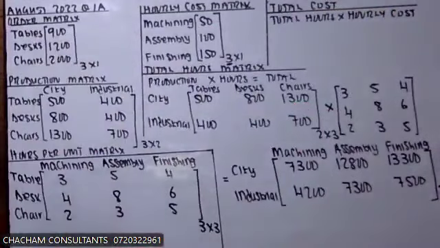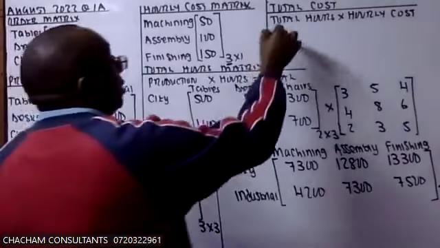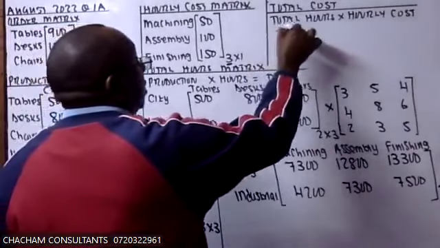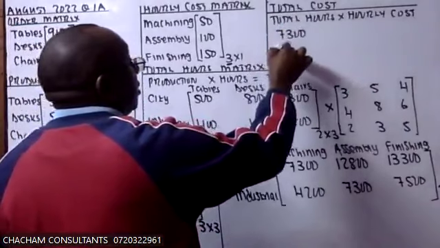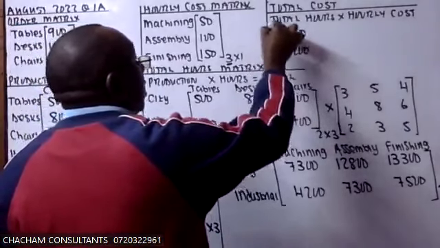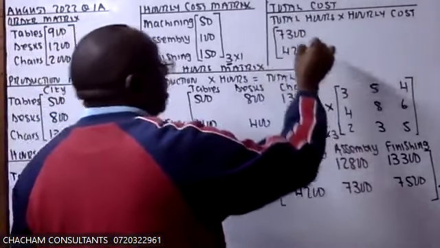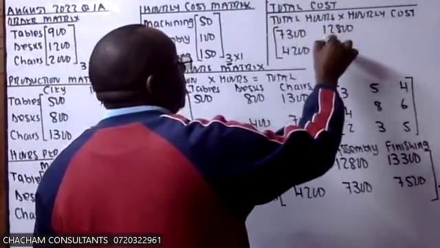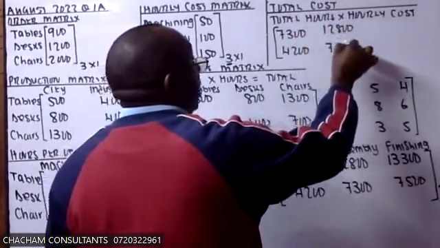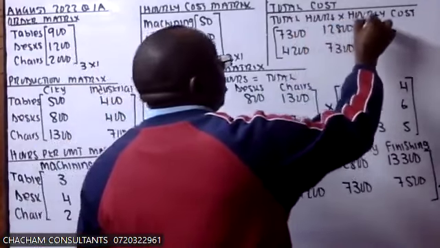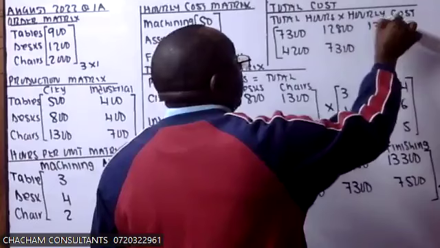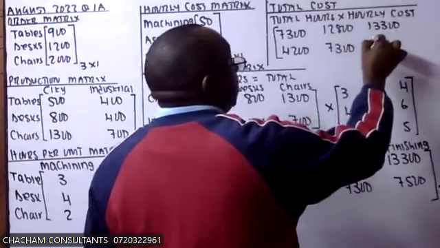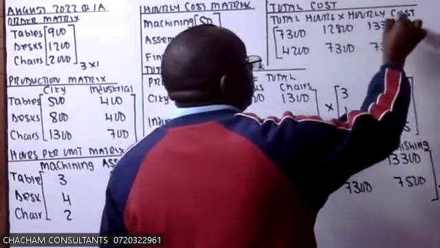The hourly costs. So this will be 7,300, 4,200. Then 12,800, 7,300. 13,300. 7,500.